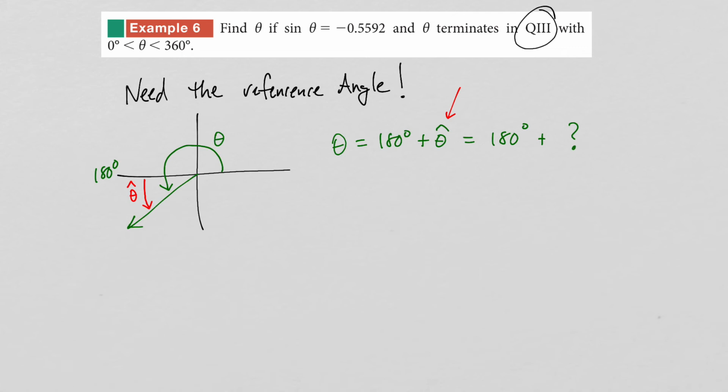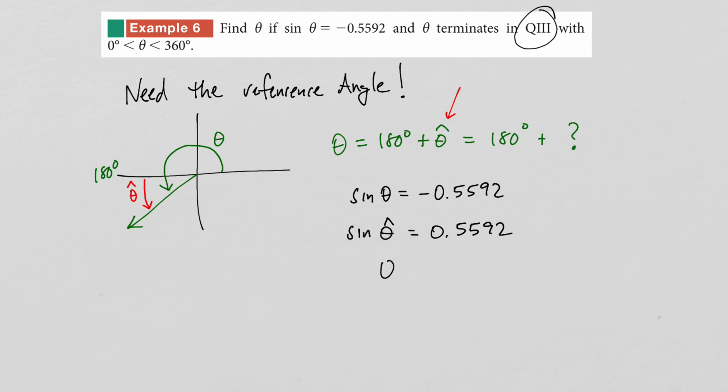So how do we do that? Well, this is how. We know the sine of theta is negative 0.5592. If that's true, then the sine of theta hat, the reference angle, has to be positive 0.5592. And that's because reference angles are always positive acute angles. So when you have a trig function of a reference angle, it can never be negative.